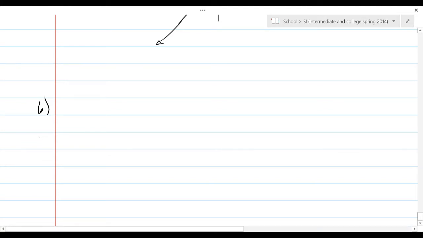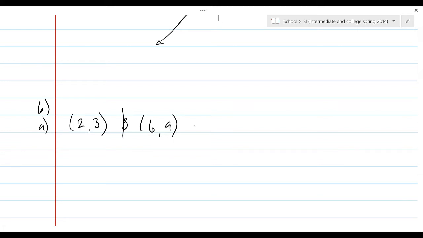Let's do part A. So the conditions are that it passes through the points 2, 3, and 6, 9. Okay. Well, if I'm going to graph this... No, I have to write the equation. It's not even graph.